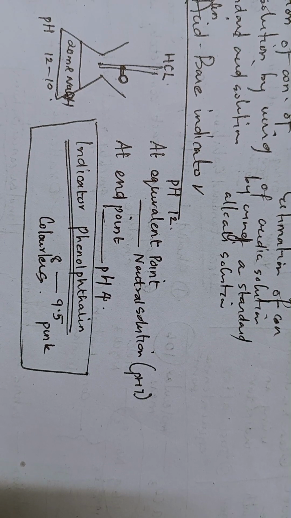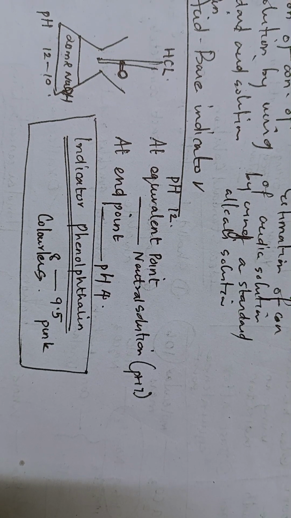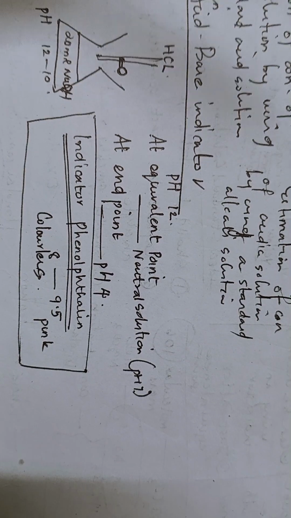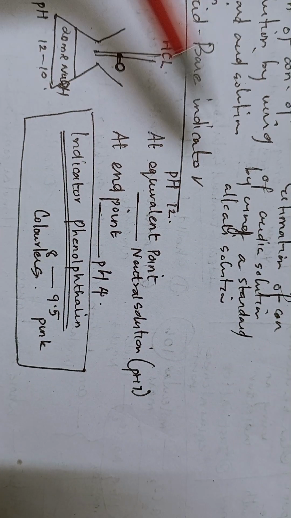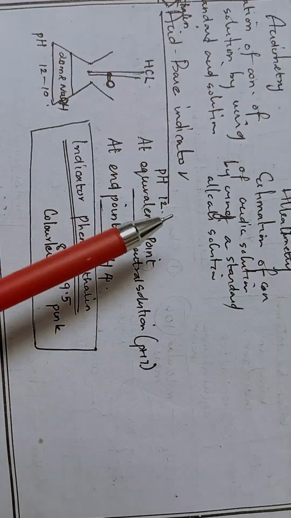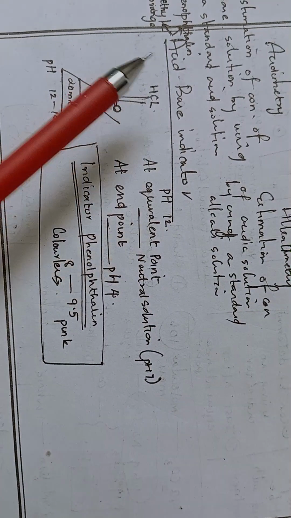There KMnO4 acts as a self indicator. But in some cases a self indicator is not there, so we use certain indicators. Acid base indicators are substances which show different colors in acid and base.